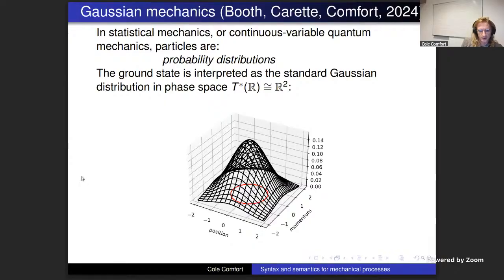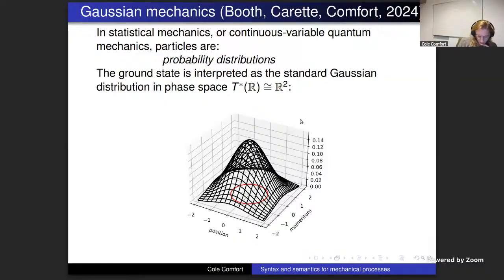So if you take, here are your positions and here's your momentum, the ground state, the vacuum state with no particles, is a probability distribution centered at the origin. So the density of the probability distribution tells you how likely it is to find a particle at some position and momentum.